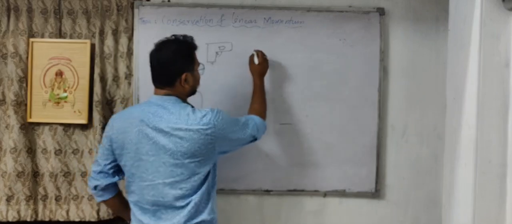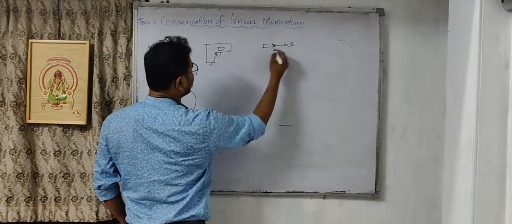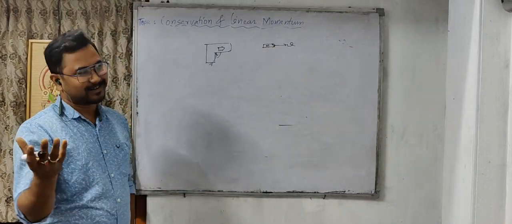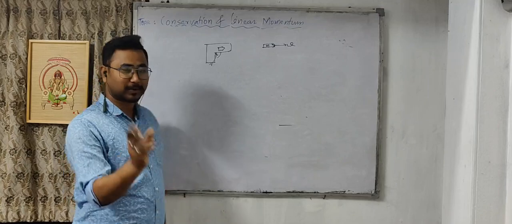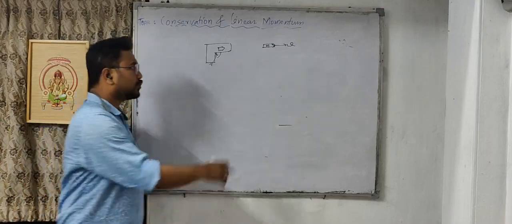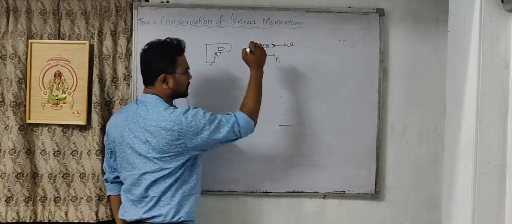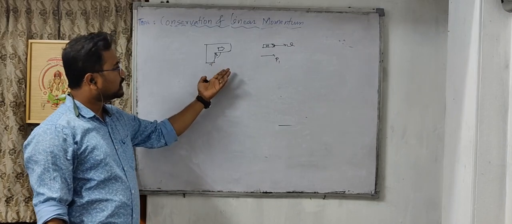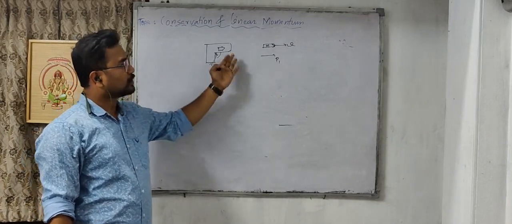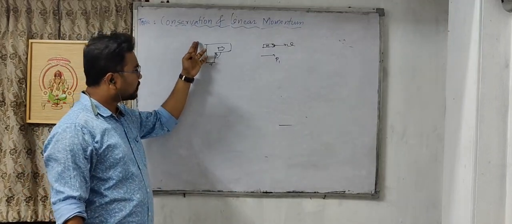Now when the bullet is fired and has started moving with velocity v with small mass m, I already told you about the balloon, that is the same example. So if the bullet is going in that way, it is moving with momentum mv, suppose. As the momentum was zero before the firing, after the firing the momentum should be zero, right?